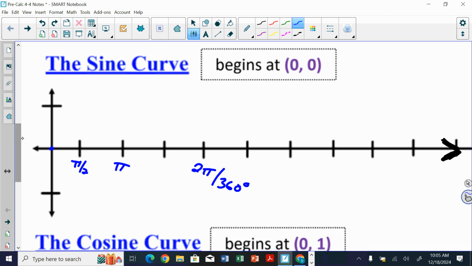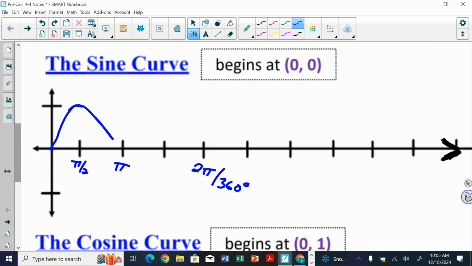What happens is it's going to go as high as 1 as the graph goes up. The graph's going to look kind of like this. It goes up towards 1, and at about 90 degrees, or pi over 2, it's at 1, and it curves down.